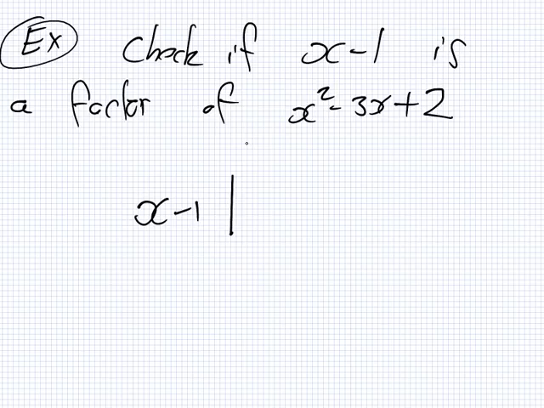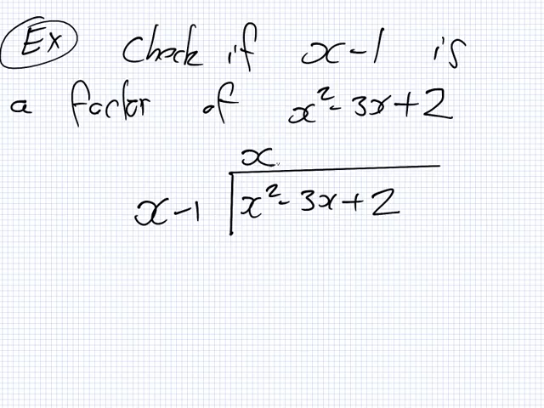Okay. Yes? Okay. Right, so dividing x minus 1 in x squared minus 3x plus 2. So what have I got first? X, yeah. So here we get x squared minus x. And then when I subtract, what am I left with?